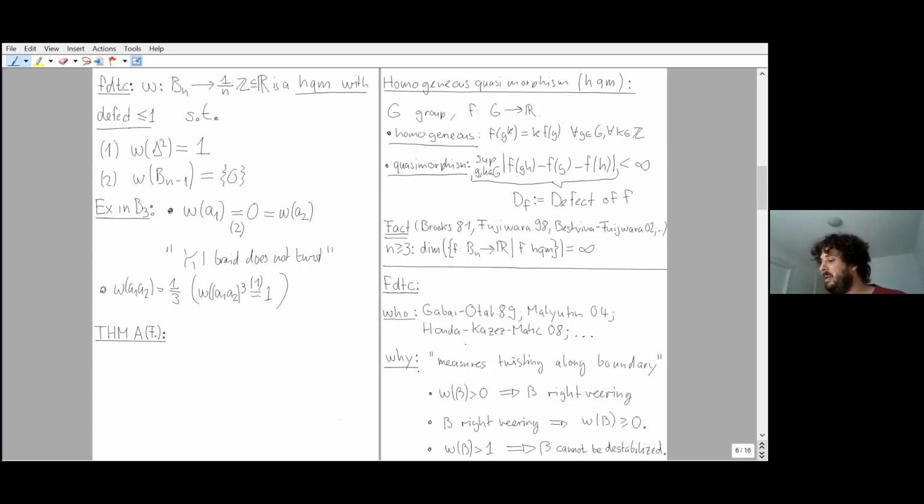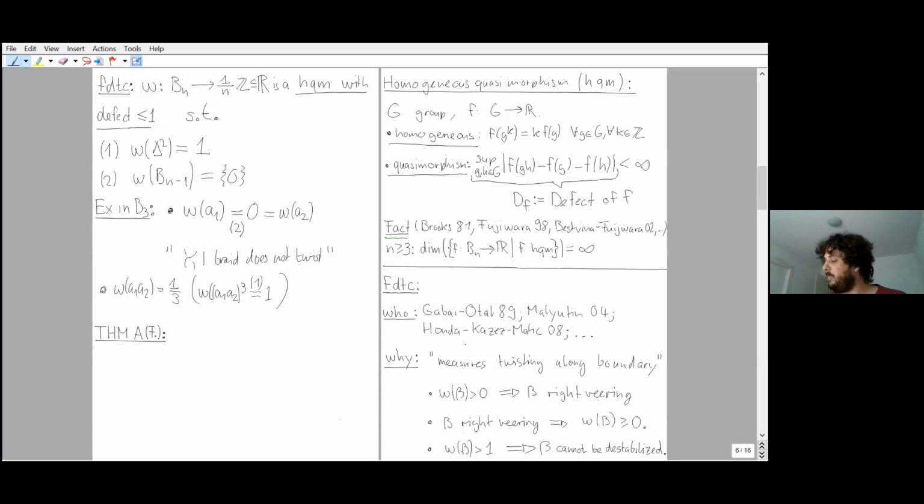And let me just tell you that, intuitively speaking, this fractional Dehn twist coefficient really measures twisting along the boundary and has some geometric properties. If you know what a right-veering mapping class is, you might be interested in the fact that as soon as the fractional Dehn twist coefficient is positive, you are right-veering, and vice versa, or almost vice versa. If you are right-veering, the fractional Dehn twist coefficient is non-negative.